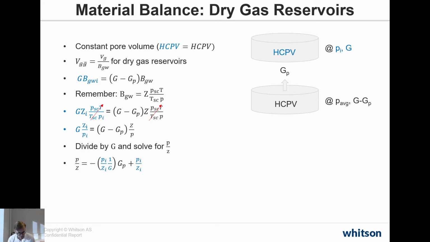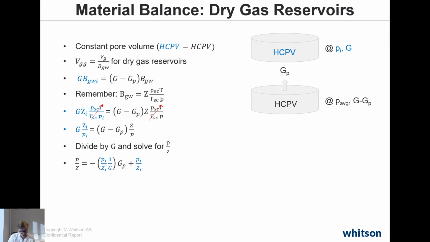That's very common, even famous, and is derived in a lot of the fundamental reservoir engineering classes, which says that P over Z is equal to minus the initial pressure divided by the Z factor at the initial conditions and the original gas in place, and then multiply that with Gp, which is the cumulative gas produced at a certain point in time, plus the initial pressure over the initial Z factor.